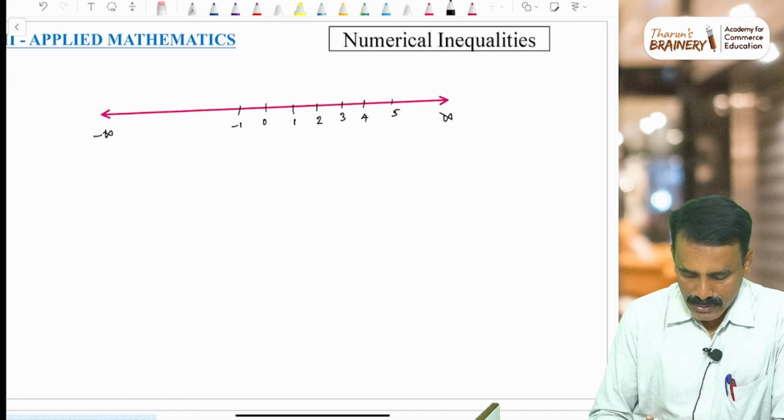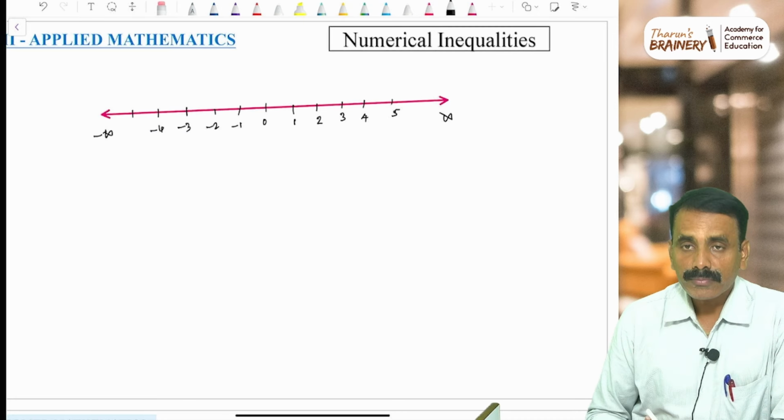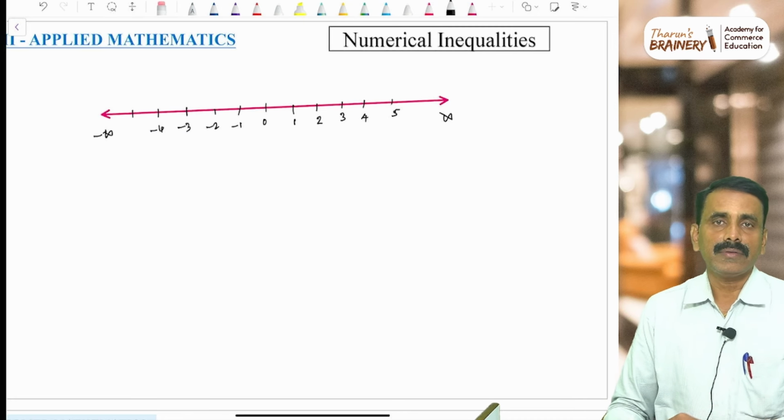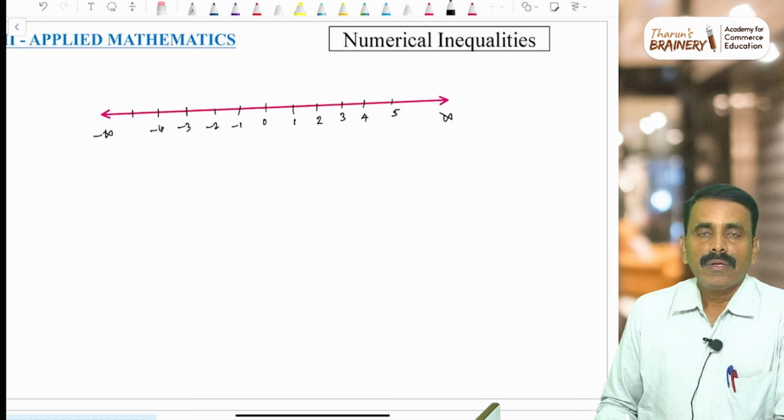Here minus 1, minus 2, minus 3, minus 4 and so on. Okay, it is an infinite line. Is it clear?